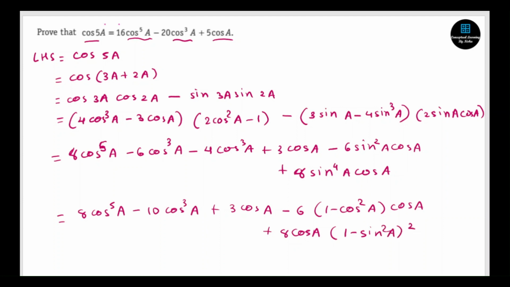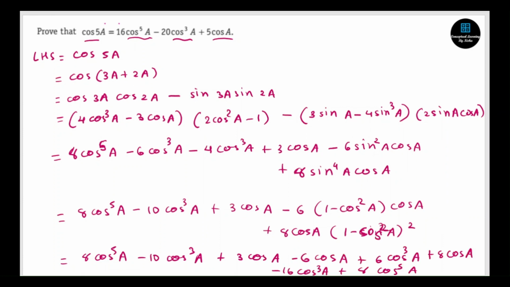Again I can simplify this and I'll get 16 cos 5a minus 20 cos cube a plus 5 cos a. So I'll get the value of RHS. I'm not writing those steps. Please solve that on your own. Okay, I hope you understand this question.